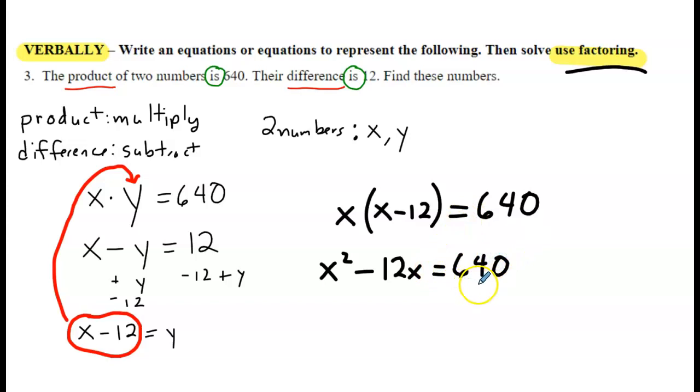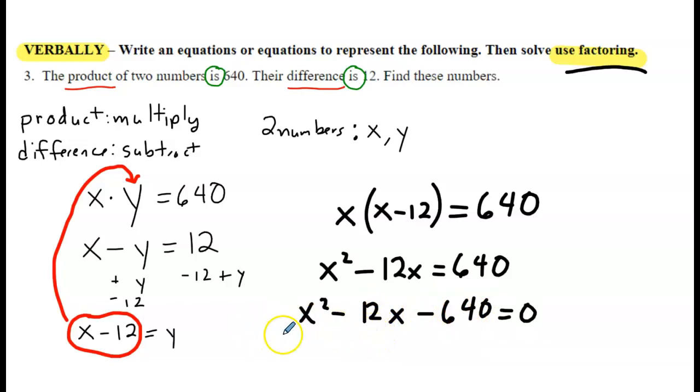But remember, when you're factoring, you need to have one side set equal to 0. So I'll have to subtract the 640 from both sides. Then you're looking for two numbers that multiply to give you negative 640 but add up to negative 12.